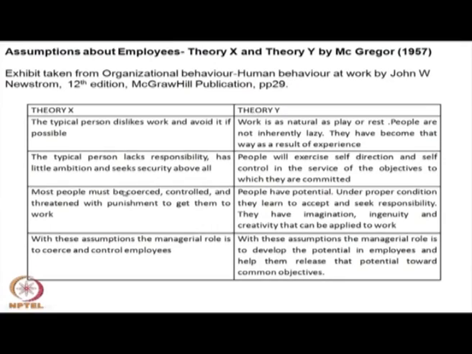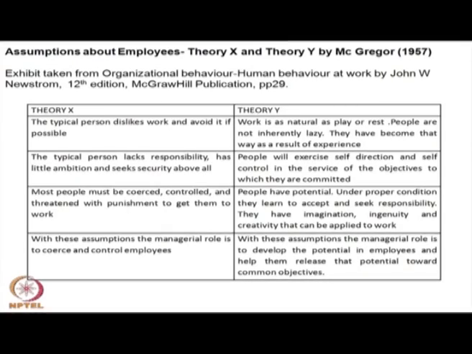First, we see assumptions about employees. Way back in 1957, McGregor gave two models, which we know as theory X and theory Y. Theory X is an idea which tells that the typical person dislikes work and avoids it if possible.